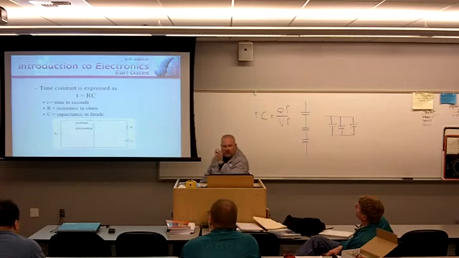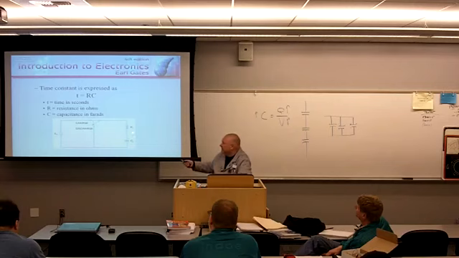When 63.2% of the voltage is across C1, where's the remaining voltage going to be? Across R1. So basically, as the capacitor is increasing in voltage, the resistor is decreasing in voltage. Because this is not only a series circuit, it's also a voltage divider.